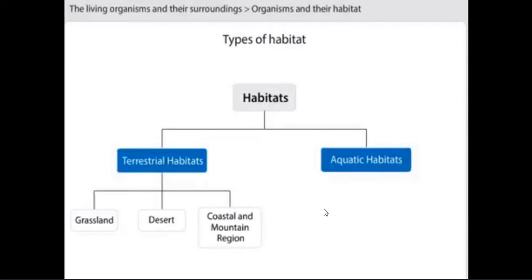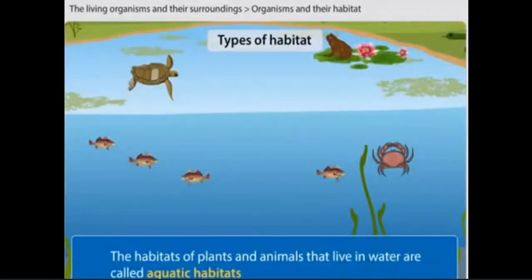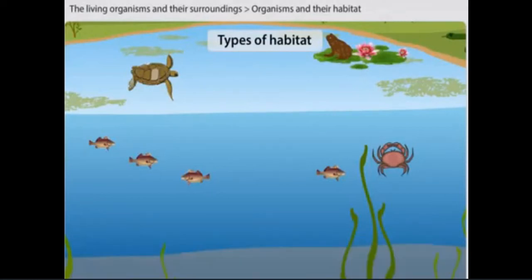The word aqua means water. So the plants and animals which grow in water or which live in water are called aquatic habitats. Now let's identify the different animals which you can see in this picture that live in water.